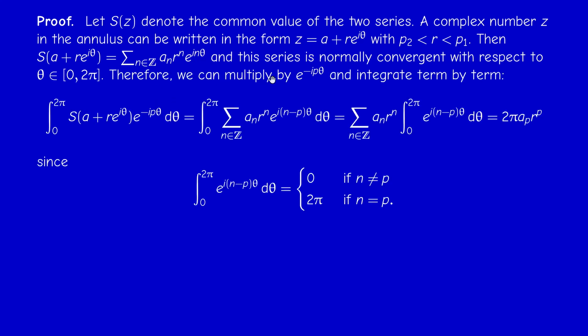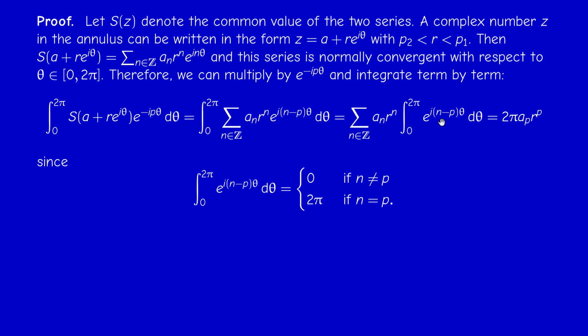Therefore, if you multiply by e^{-ipθ} and integrate term by term, what happens? The integral of the sum becomes the sum of the integrals with respect to θ. The a_n and r^n do not depend on θ, so I can put them outside. Now, if you look at the integral, this is a familiar trigonometric integral. If p equals n, this becomes 2π, because I'm integrating 1, e to the i0.